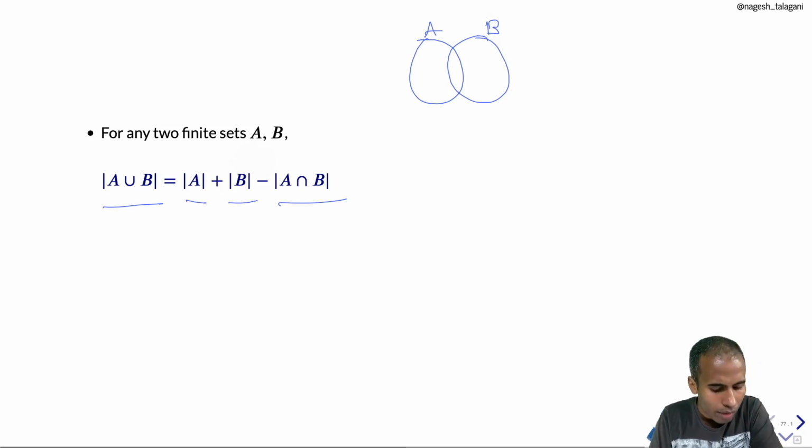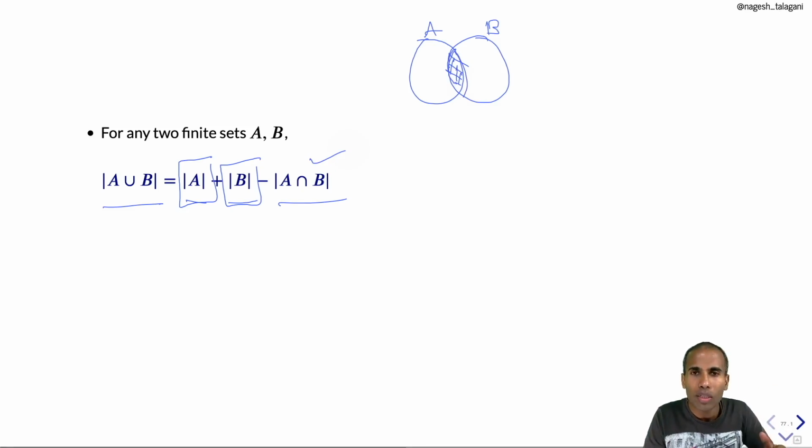See here, when we include the number of elements in A, this intersection part is included once. Again, when we include the number of elements in B, this got included again. That means this intersection part is included twice. So that's why we exclude once. This is the idea: including and excluding in a controlled way, so that we get the correct count. So that's why we call it the inclusion exclusion principle.